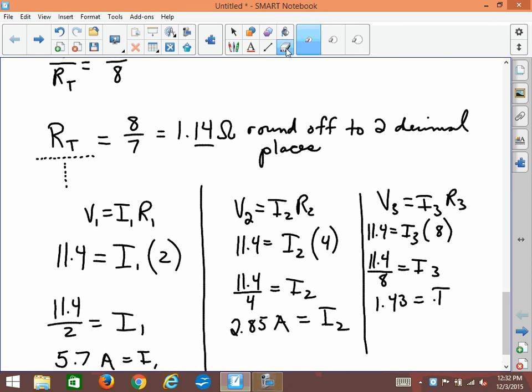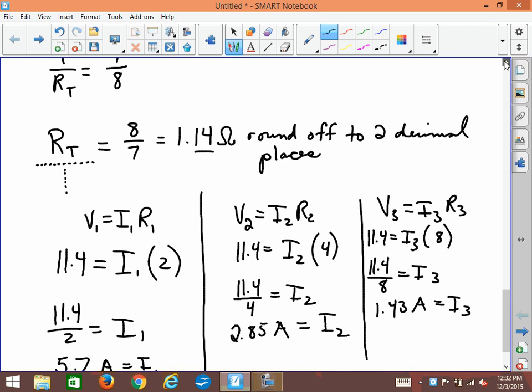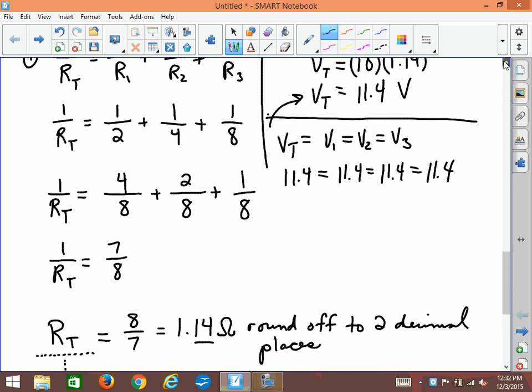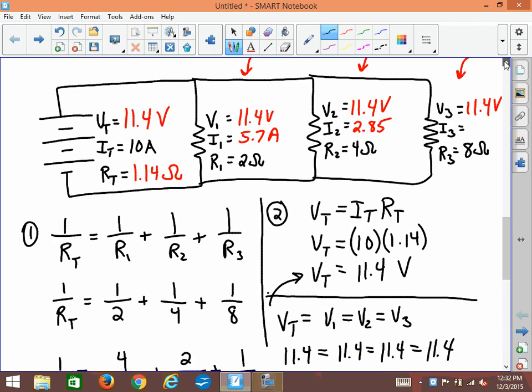I should put in there that it's amps, because this is current that I'm working on. Amps equals I3. So let's go put in 1.43.